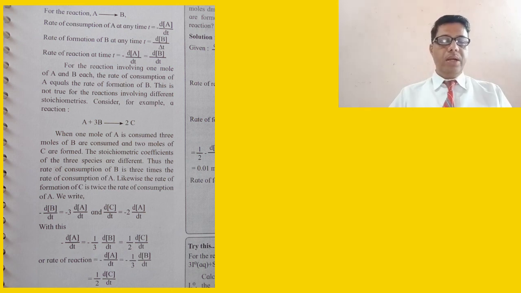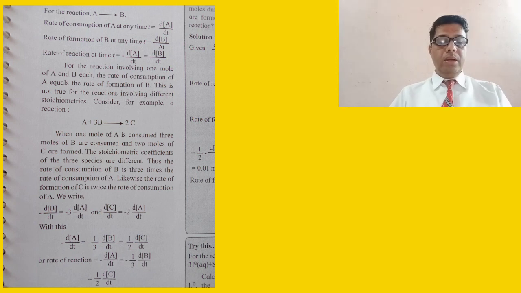So here we write the rate of consumption of A at any time t or the rate of formation of B at any time t, and it is given by minus dA by dt is equal to plus dB by dt.